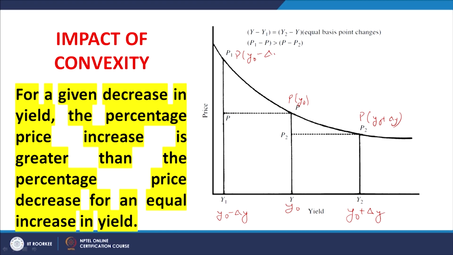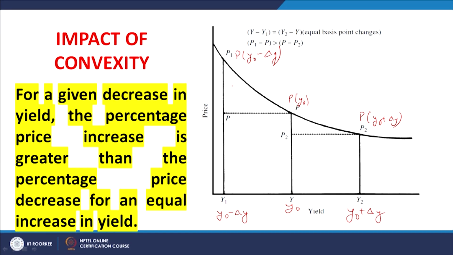Now, in line with the fact that the YTMs and prices are inversely related, it is quite clear that p of y0 minus delta y would be greater than p of y0, which would be greater than p of y0 plus delta y. But there is another interesting observation.